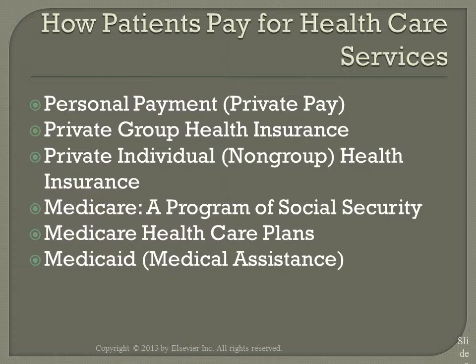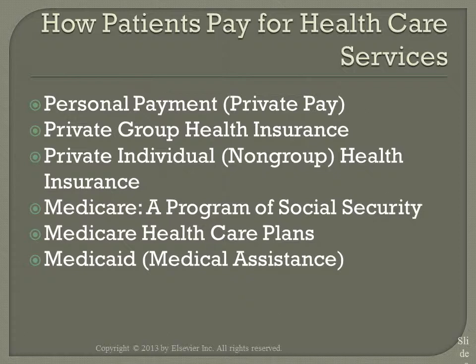Private individual or non-group health insurance is offered by insurance companies to individuals that are not part of a group, and people can be insured without employment. The cost is generally higher than for group plans. Premiums are based on a person's health risk and their age.